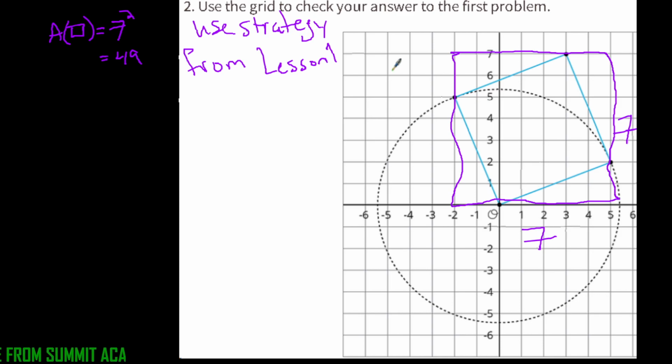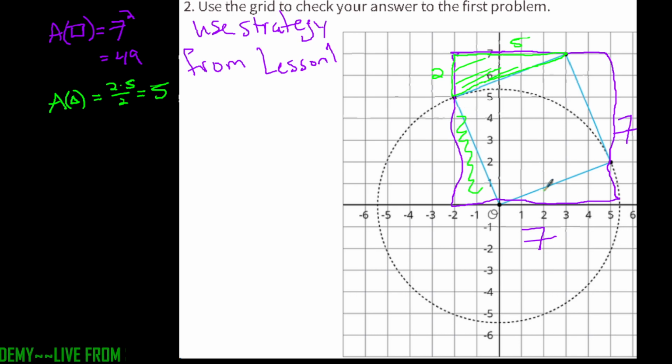Then I can find the triangles inside of those. I can draw something like this. I can say, if this is a 2 by 5 triangle, the area of that triangle is going to be 2 times 5 over 2, which is equal to 5. So each of these triangles is going to be 5. Since there are 4 of those triangles, 4 times the area of that triangle is going to be 20.